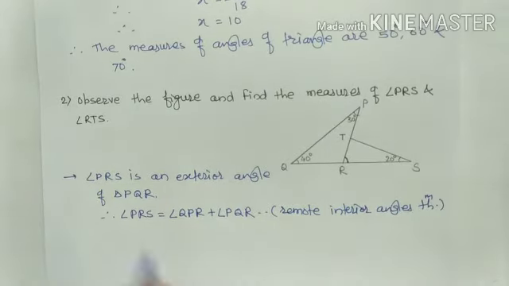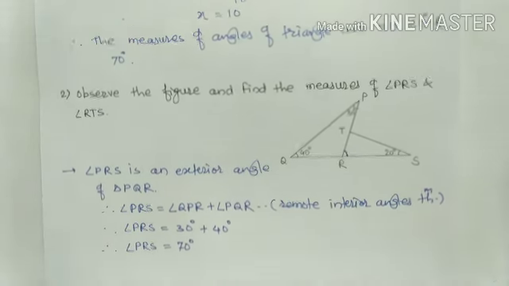And therefore angle PRS equals angle QPR 30 degrees plus PQR 40 degrees. Therefore angle PRS equals 70 degrees.